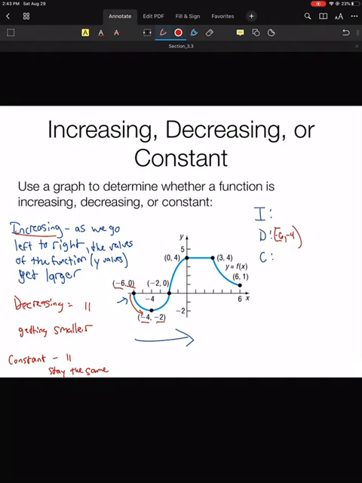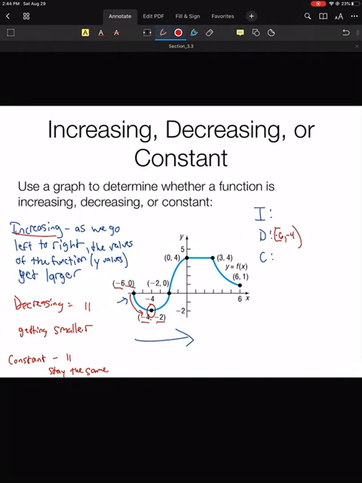Now that matters. A closed parenthesis, or a bracket, represents that -6 is in the interval that you're looking at. So -6 is a point where it starts to decrease. But then when I get down to -4, down here, it changes.